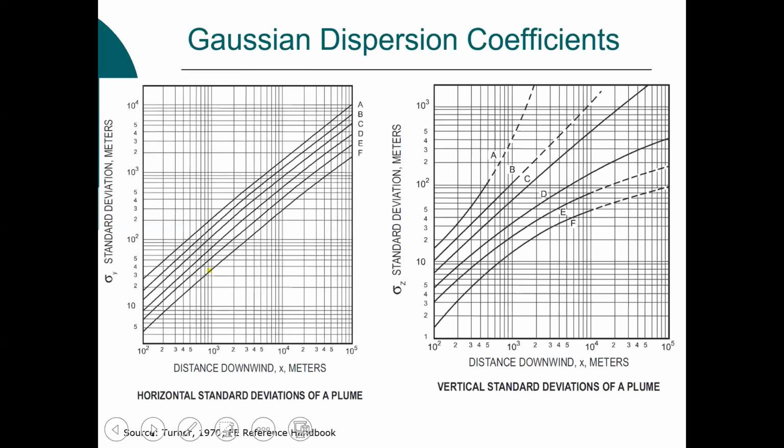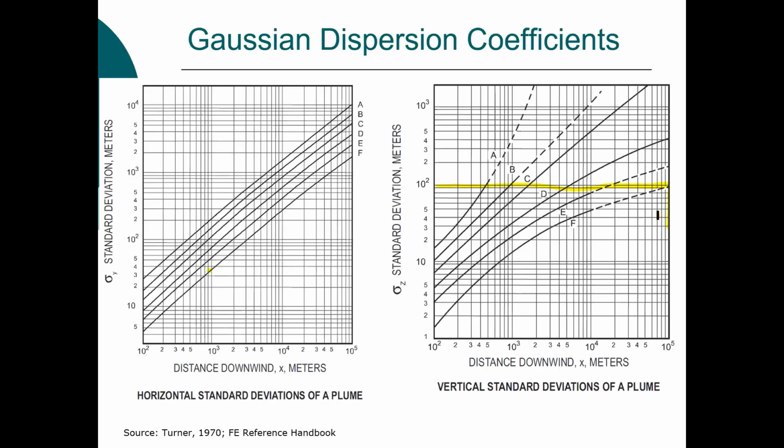We need the distance, though. The way we can do that is to initially estimate it with the graph. So we're at a point, Z is equal to 94, right in here.